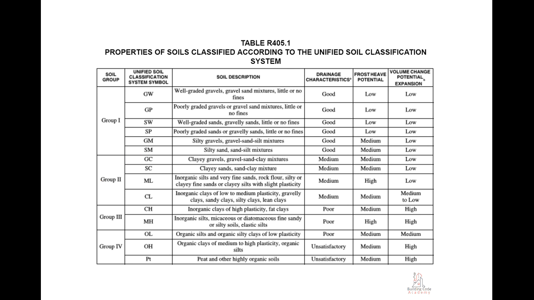In addition to that, soil properties characterized as drainage, frost heave potential, and volume change potential expansion. These characteristics may vary from low to medium to high and may change, depends on what soil type. Please familiarize yourself more closely with Table R405.1.